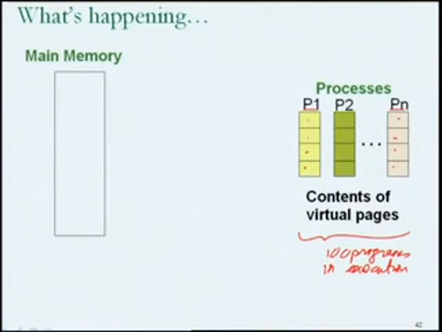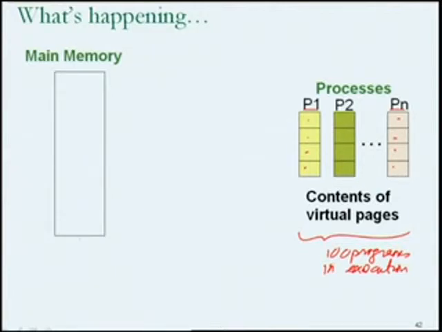I must make it possible for the contents of the virtual pages of all those 100 programs in execution to be remembered. They have to be remembered somewhere in the computer system. One can't just say that they're fictitious, they don't exist. There must be some place for them to be stored, which raises the question of where they can be stored.